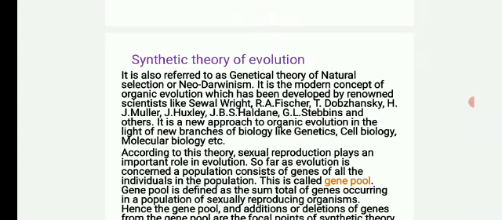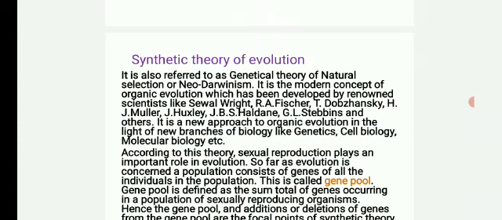Synthetic theory of evolution is also referred to as genetical theory of natural selection or neo-Darwinism. It is the modern concept of organic evolution which has been developed by scientists like Sewall Wright, R.A. Fisher, T. Dobzhansky, H.J. Muller, J. Huxley, J.B.S. Haldane, G.L. Stebbins, and others.